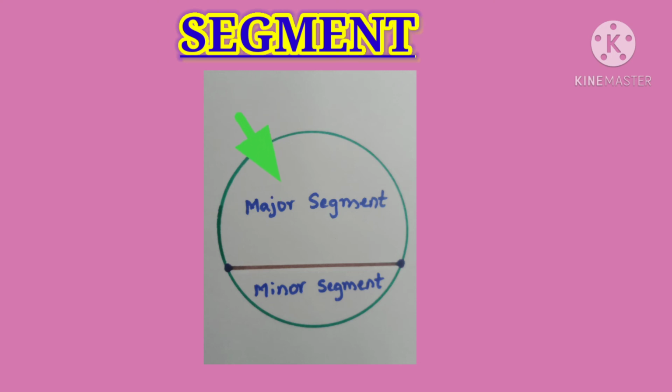Here you can observe the major segment in the figure. Minor segment: in this figure you can observe the minor segment. The region between the chord and the minor arc is called the minor segment.